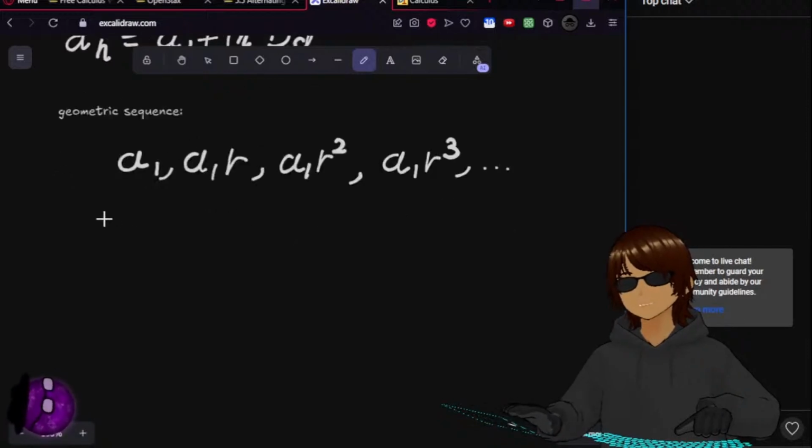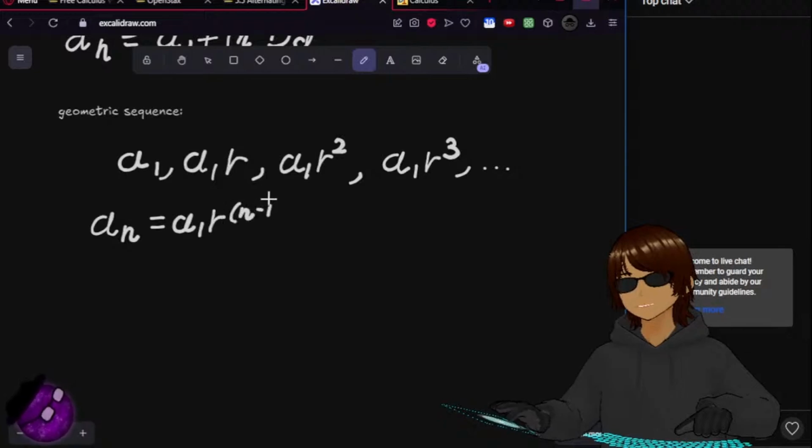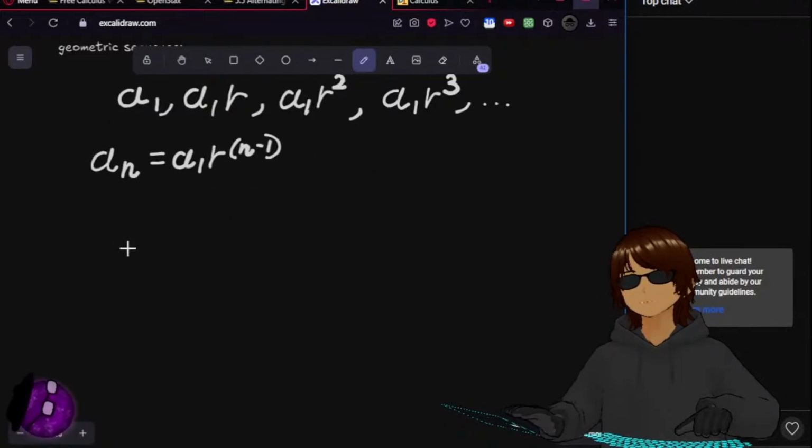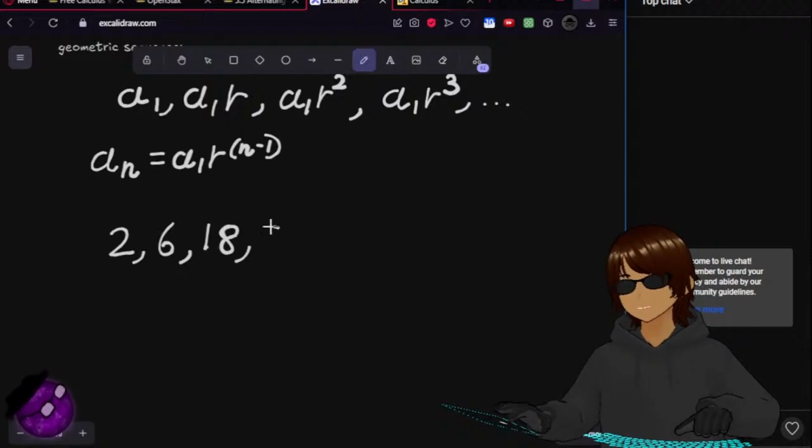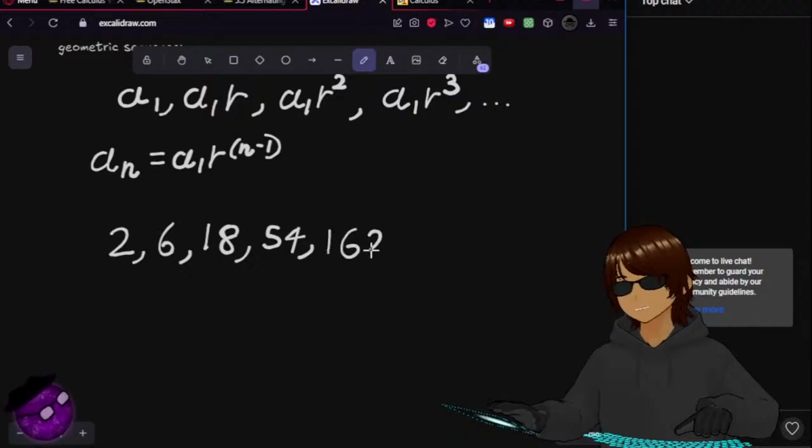Of course, this follows a pattern of an equals A1 R to the power of n minus 1. An example of this would be 2, where R could be 3. So 2 times 3 is 6, and then 6 times 3 is 18, and then times 3 again, 54, and times 3 again, 162, and so on.